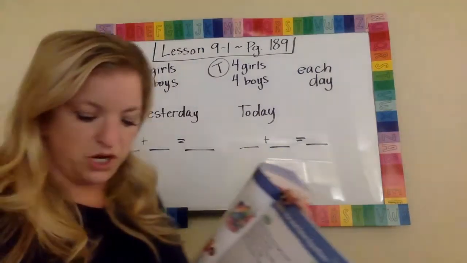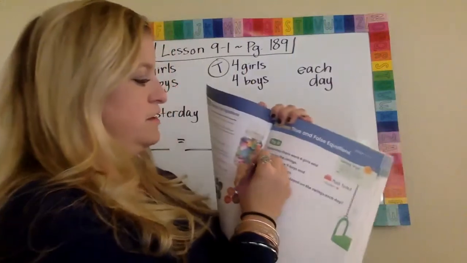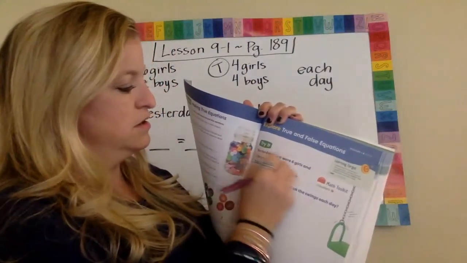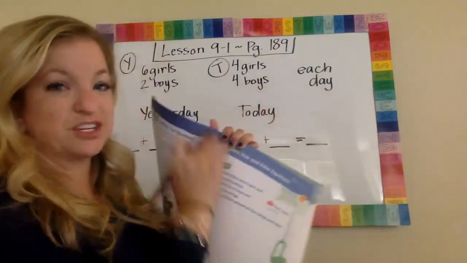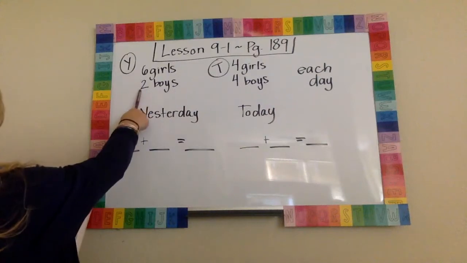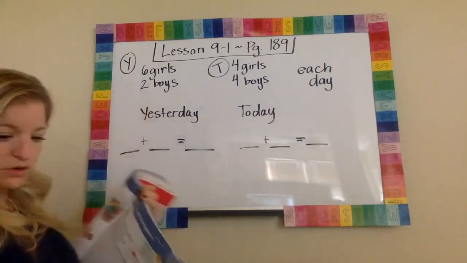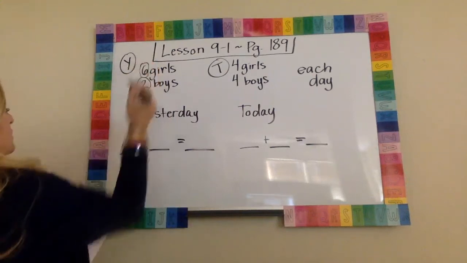If I were you though, I would take maybe a pencil and say, okay, this is one day and this is another day, because you're going to compare. Yesterday there were 6 girls and 2 boys on the swings. So you're going to circle 6 and 2.